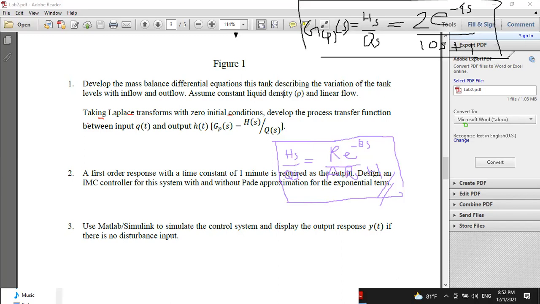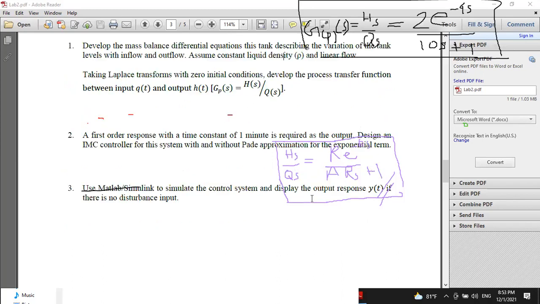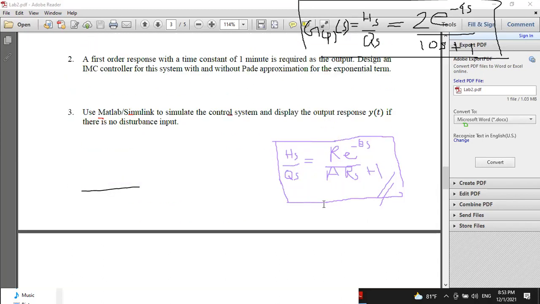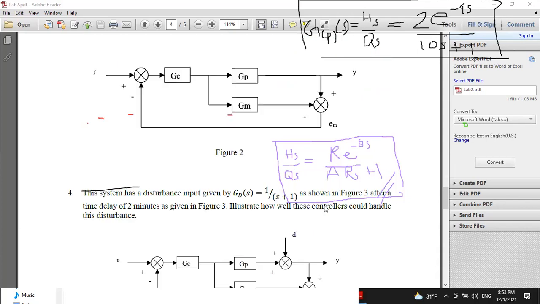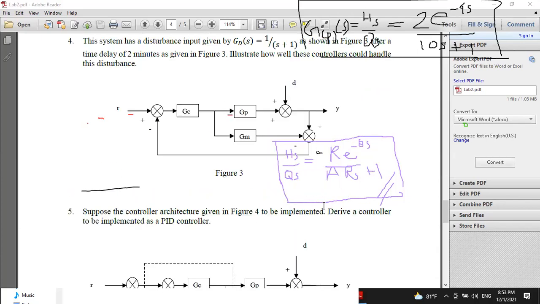So now they ask us, a first order response time constant of 1 minute is required as the output. Design an IMC controller for this system with the Pade approximation for the exponential term. So now what we'll do is we'll get the system with the approximation and without the approximation, right? So you can do this.